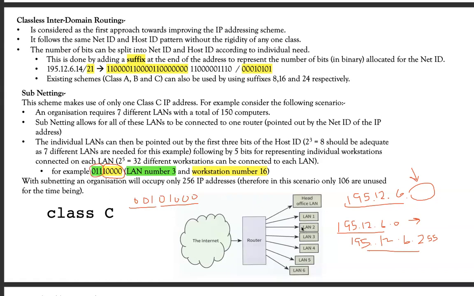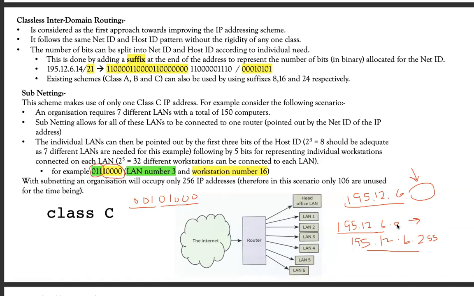So let's just quickly recap what happens when I am using, for example, this IP address, 195.12.6.0. Now, what happens here? If you look at the host ID 0, that means 8 zeros. So 8 zeros can be used to represent this one single decimal 0.